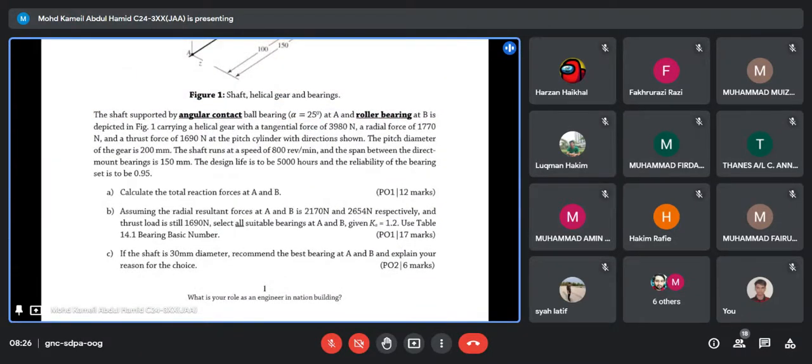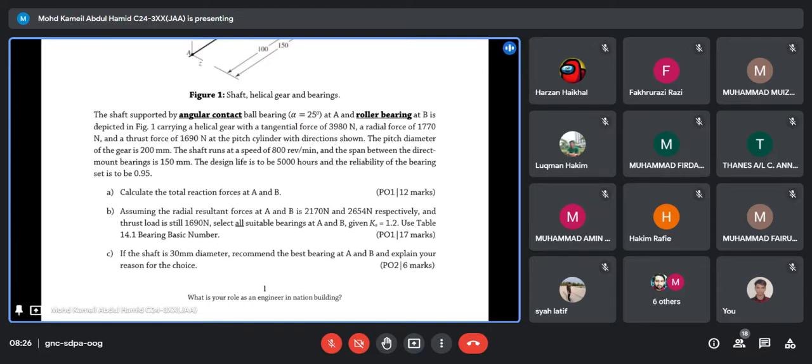Okay, so B ni then you masuk. The question is on the bearing, the standard common question analysis involved for the bearing. So you are given radial resultant forces at A and B is 2170 Newton and 2654 Newton, and thrust load is still 1690 Newton. Select all suitable bearing at A and B given Ka is 1.2.